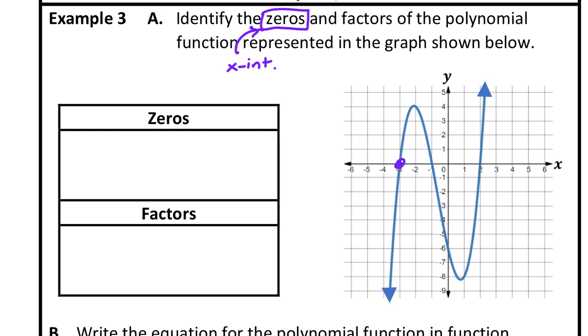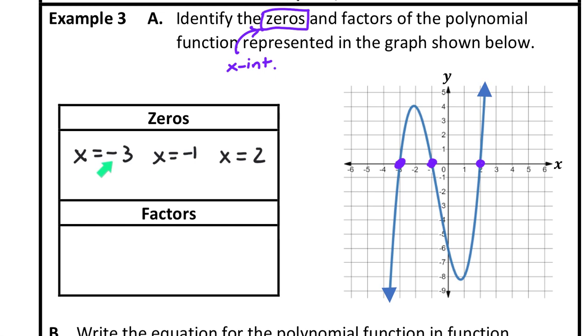So I have 1, 2, 3 here, and they're happening at x equals negative 3, at x equals negative 1, and at x equals positive 2.